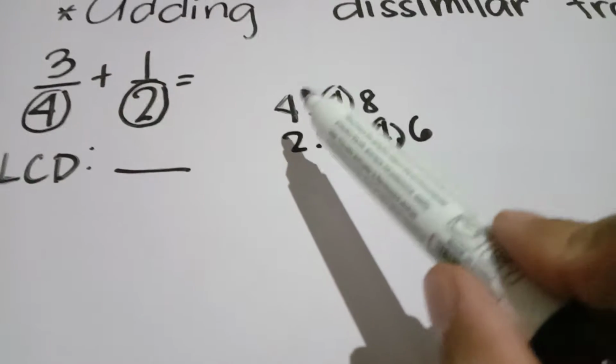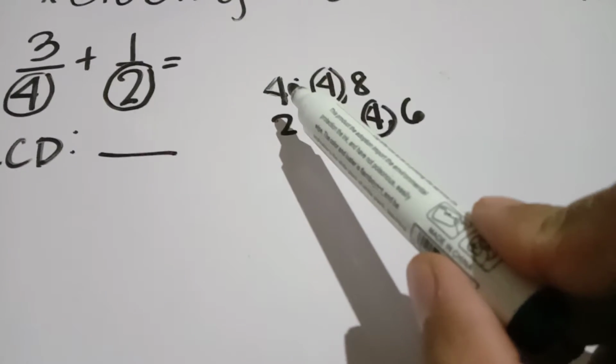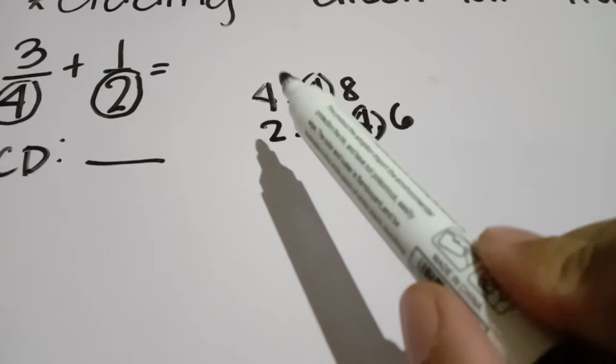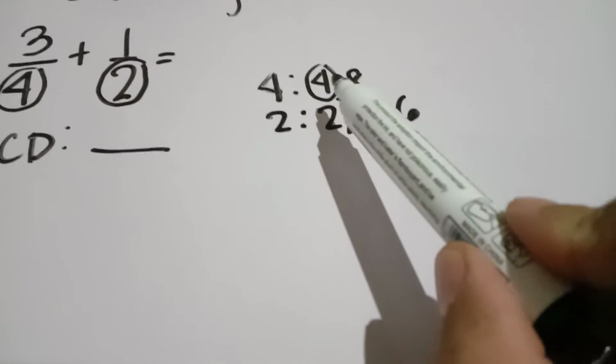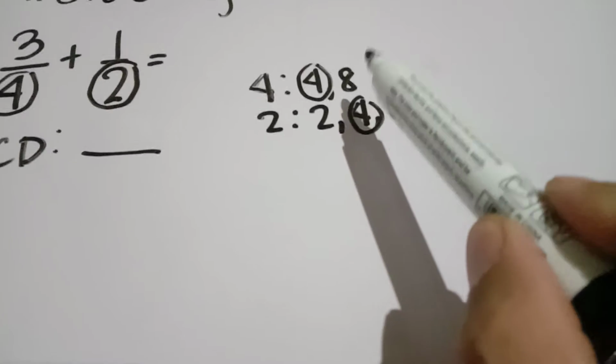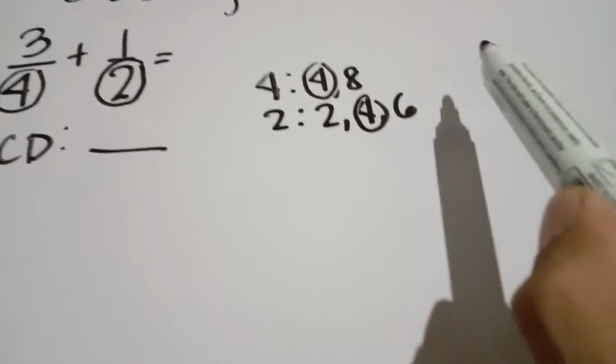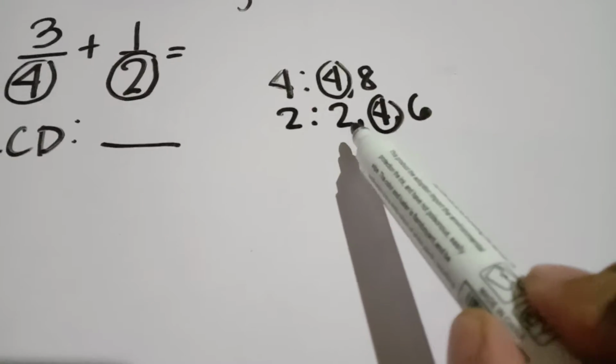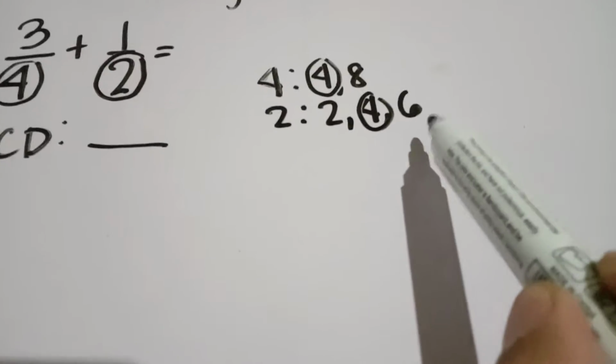We are going to list down the multiples of 4 and the multiples of 2. What are the multiples of 4? We have 4, 8, 16, 24, and so on. How about 2? What are the multiples of 2? We have 2, 4, 6, 8.